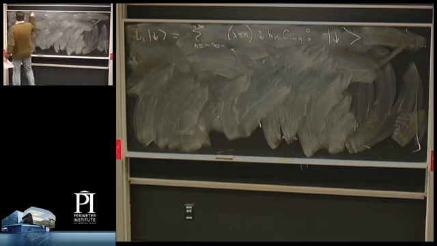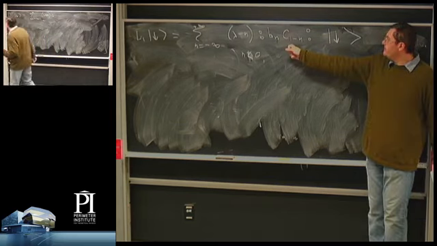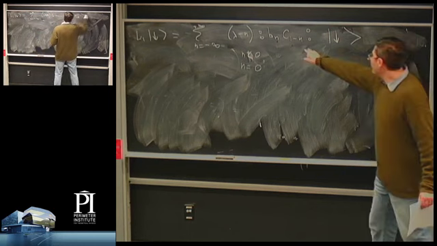So this equals the sum from n equals minus infinity to plus infinity. I have to substitute m equals 1 and lambda minus n, and then I have a normal ordered product of b_n and c_{1-n}, acting on the down state.